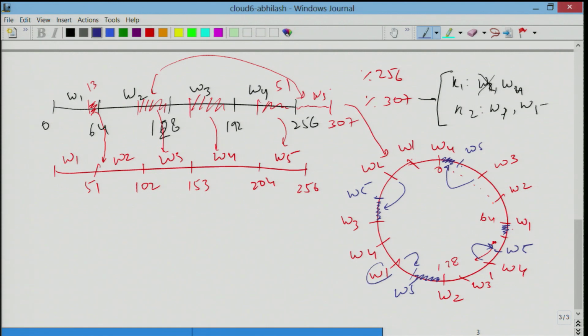So W1, W2, W3 and W4, everyone is passing some amount of their keys to W5, and the rest of the keys need not change. W6 will also sit in 5 places, and everyone will transfer some keys to W6.